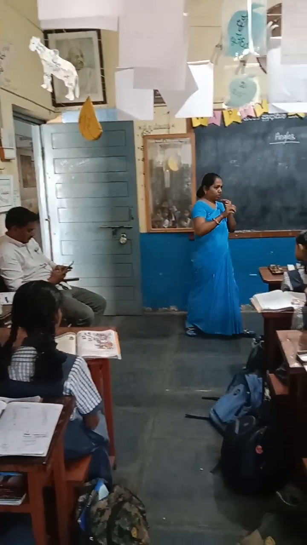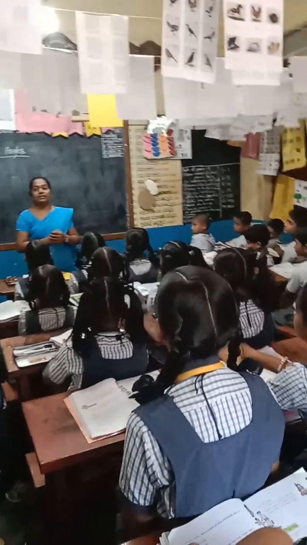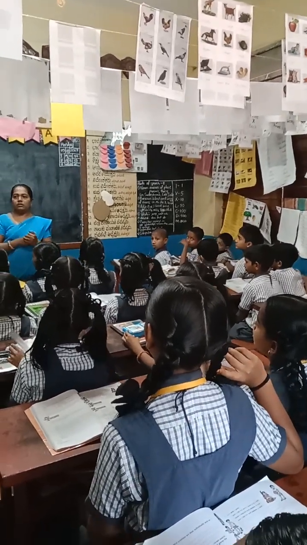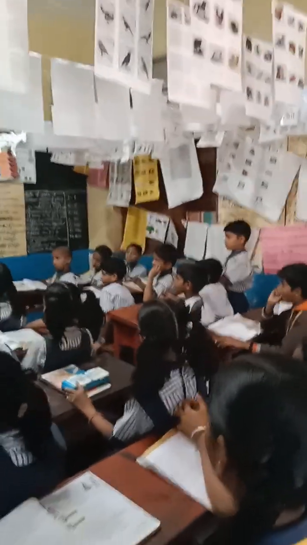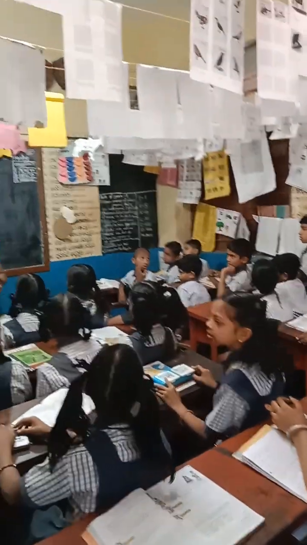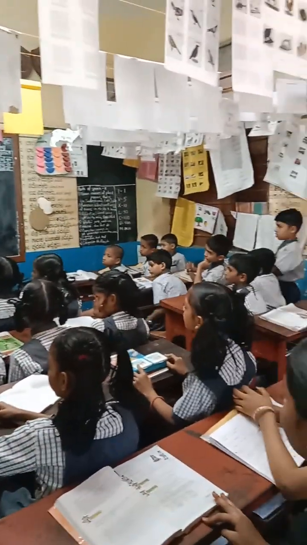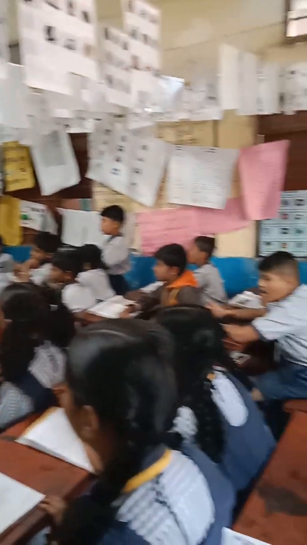So, tell some examples of angles. Wherever we find angles, in corners. In the clock. Asad, how can we find the angle in the clock? What do we see in the clock?